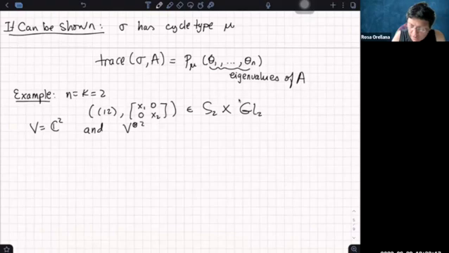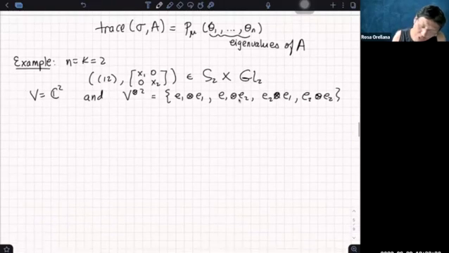If I choose the standard basis for C^2, I can say e1⊗e1, e1⊗e2, e2⊗e1, e2⊗e2.